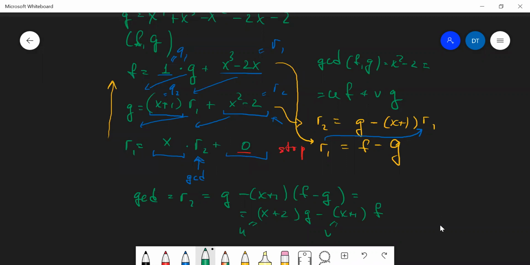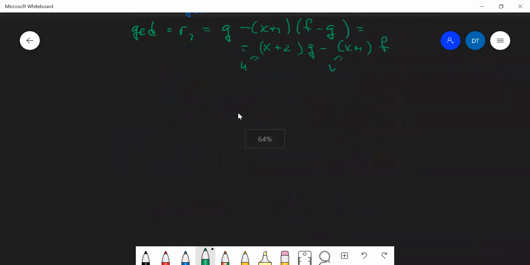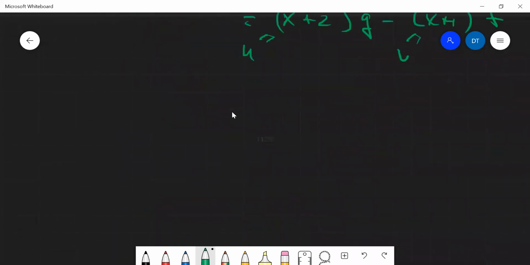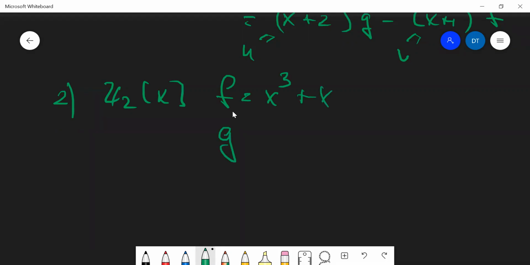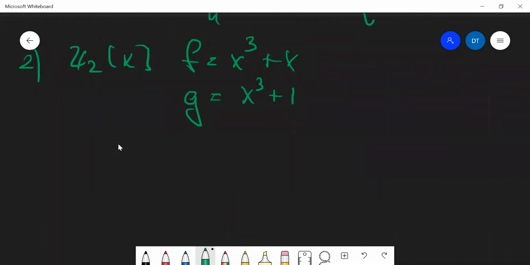Okay, then let's try to repeat this, but in case of a more interesting field. Suppose now we deal with the field Z2 of x, and f is equal to x cubed plus x, and g equals x cubed plus 1. Let's try to divide f by g with the remainder.